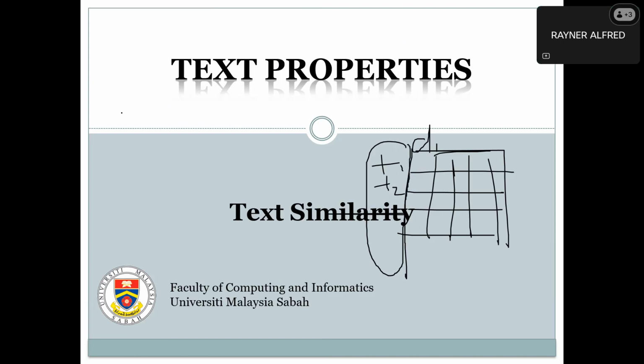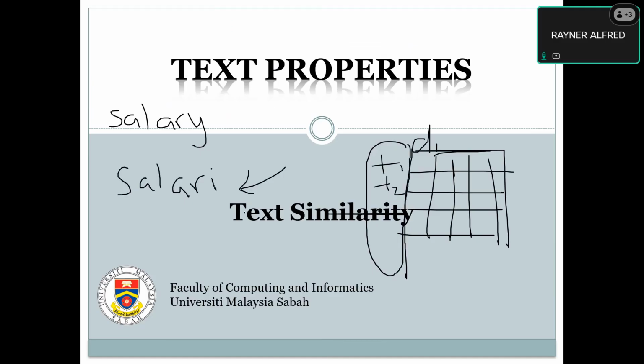For example, we have salary, and then we have salary with a typo. So do we include these as two separate terms or one term? And can we measure the similarity between these two terms? That's why we need to know text similarity, because at the end of the day, we will put the salary here.